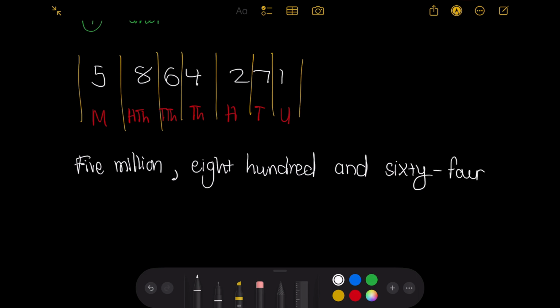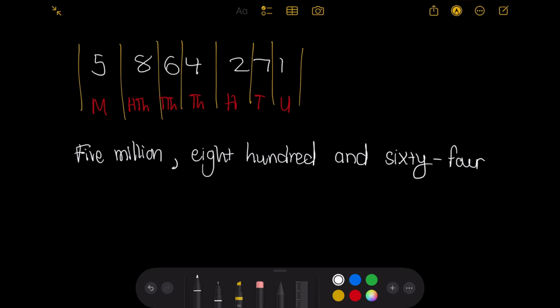Why are you hyphenating? Because it's a number between 21 and 99 in terms of its digits, right? And that's when you'd add the thousand. So basically this thousand is common to 4, 6, and 8. Because even though 8 is 800,000, this 6 is 60,000, and this 4 is 4,000, they all share a thousand, and that's why we write it last.